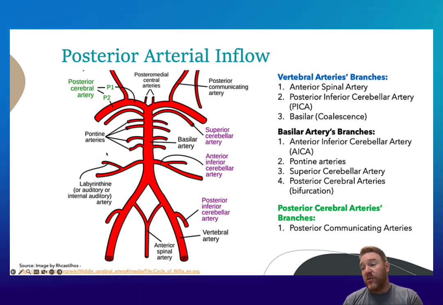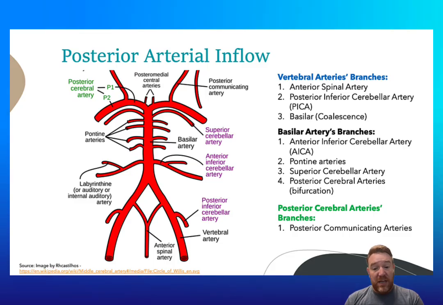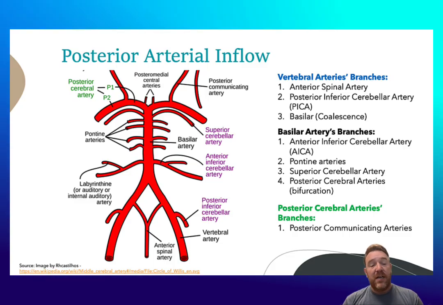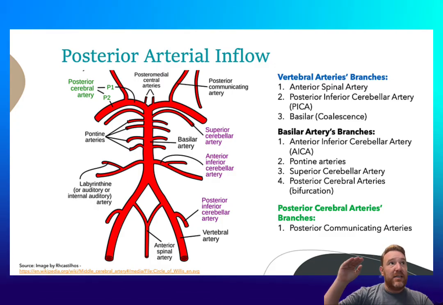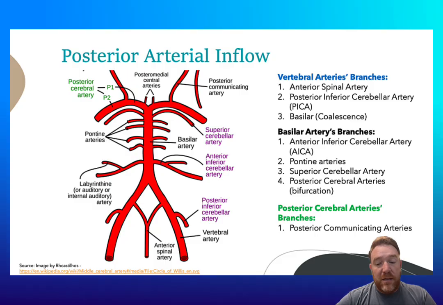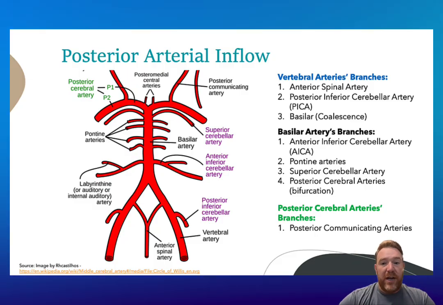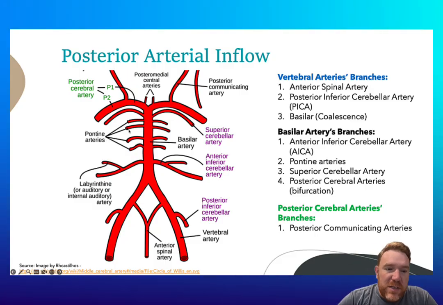Now, the pons is going to have 4 of our cranial nerves in it that are going to be important for a lot of different things. Same thing for the medulla. It's going to have 4 different cranial nerves, and the midbrain will have 2, as well as it'll have 2 above it in the brain. So you can see we have a ton of blood supply here.